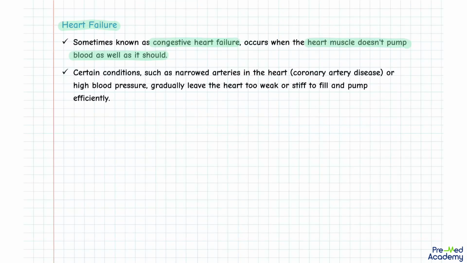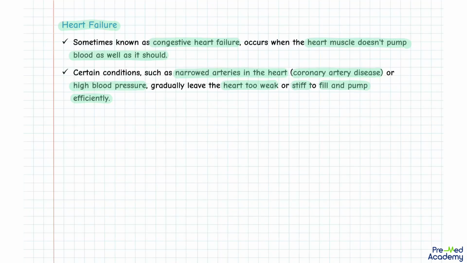One such condition is when it does not get enough blood because of narrowed arteries that feed it with blood, a condition known as coronary artery disease. Another problem may be high blood pressure, which makes it too hard for the heart to pump blood against such high pressure.